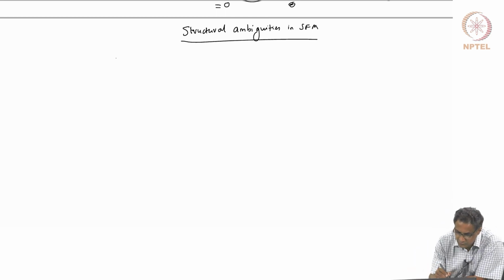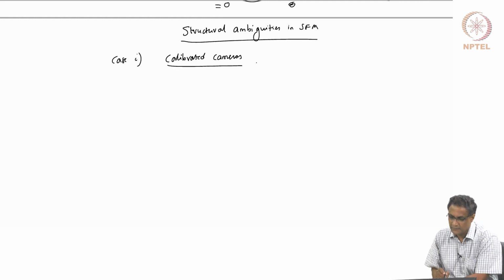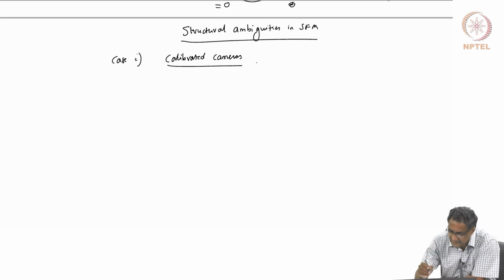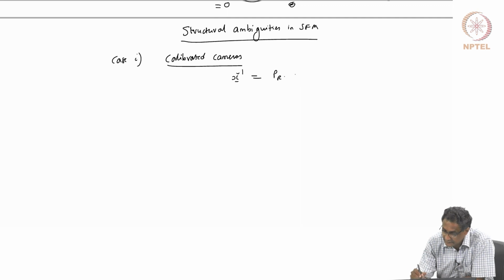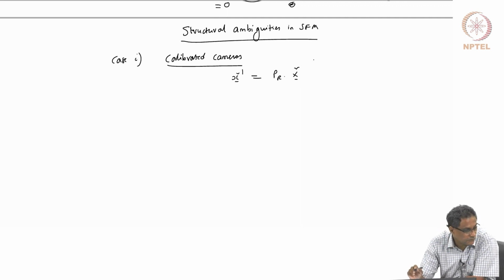So let's take case 1, what is called calibrated cameras. Let's say that we have x tilde dash, which is PR, calibrated, PR times x tilde, which also means up to a scale.